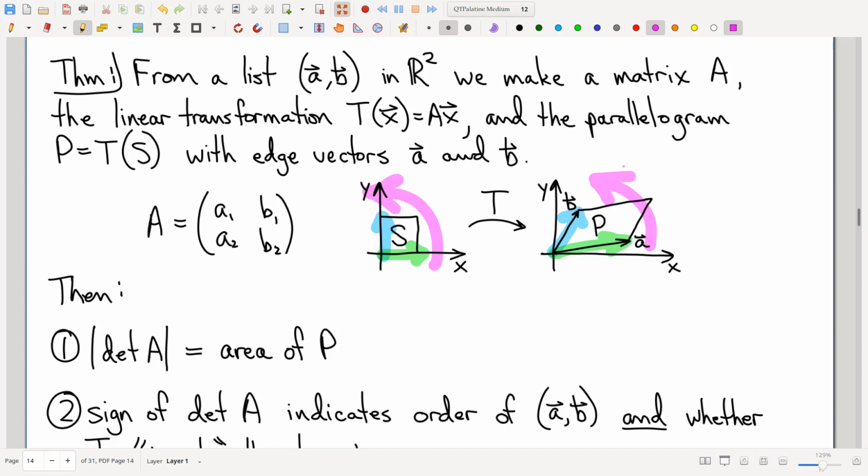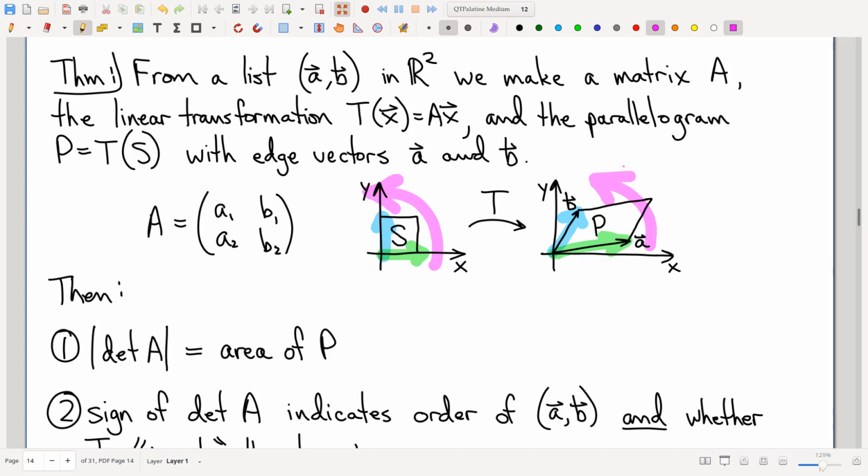But if my transformation takes the plane and flips it over, right? If we were to flip it upside down, or said differently, if I were to reflect, then this wouldn't happen. Counterclockwise would turn into clockwise.